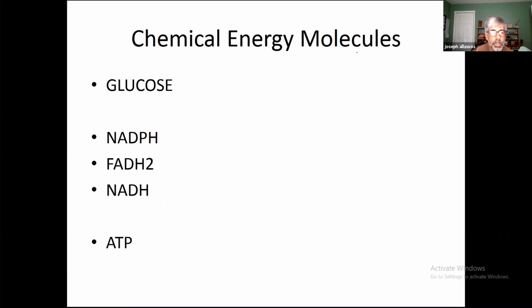And so we want to know a little something about these molecules. We want to understand something about how they work, how much energy they have and where that energy is. We've already talked about glucose a few times. The ones in the middle there, you're likely not familiar with. And there's ATP, which we said was a nucleic acid. We talked a little bit about it, and I told you we're going to talk a whole bunch more about it.